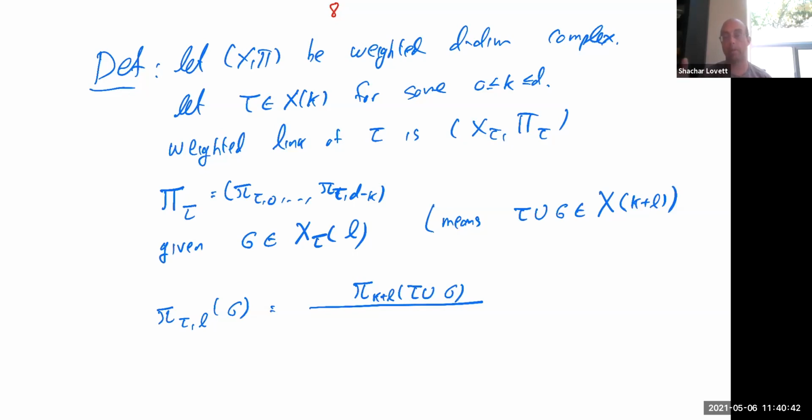So we sample a (k plus L) face, conditioned on this (k plus L) face containing tau. So it's going to be over all sigma prime in X_tau(L) of pi_(k plus L) of tau union sigma prime.